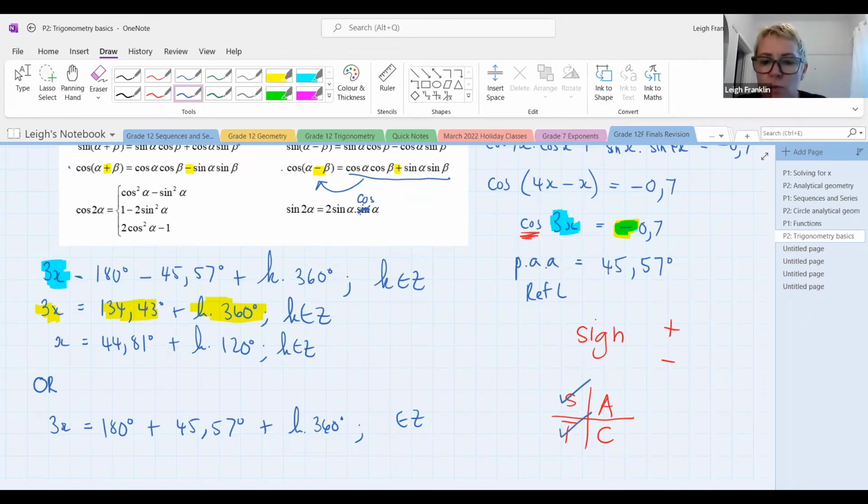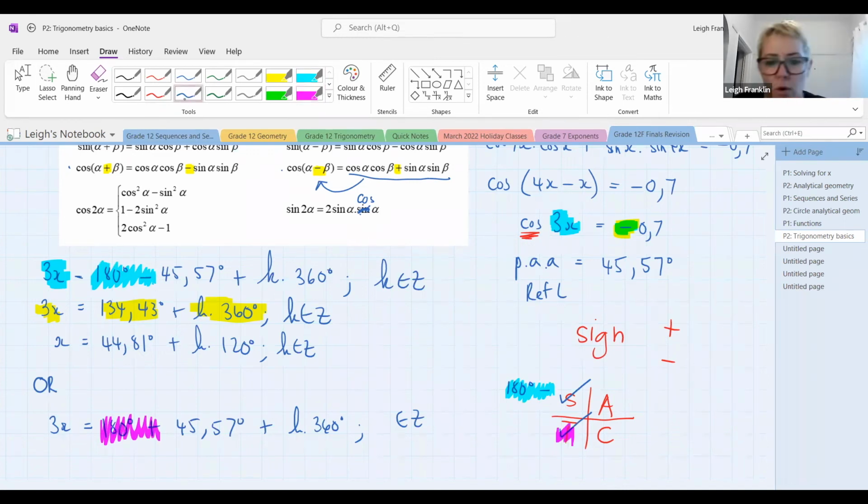What is the reduction formula for quadrant 2? It is 180 minus. That's where this bit comes from. So this 180 minus over here is because we are working in the second quadrant. The 180 plus, which I've now got on the board, comes from quadrant 3.